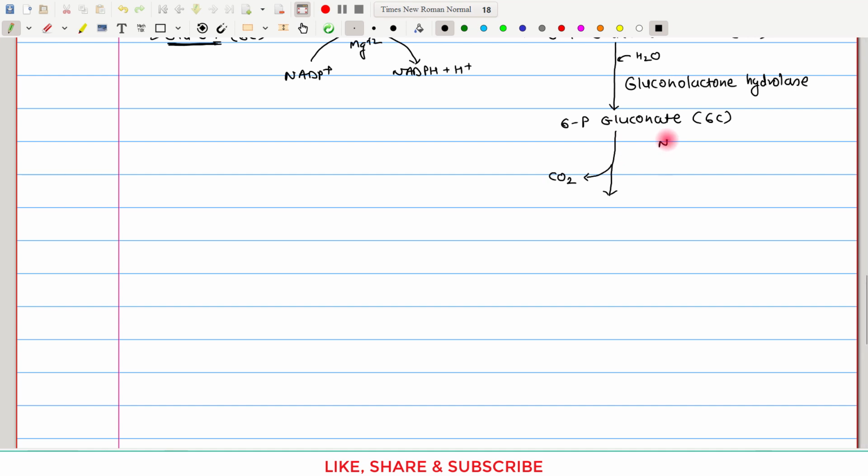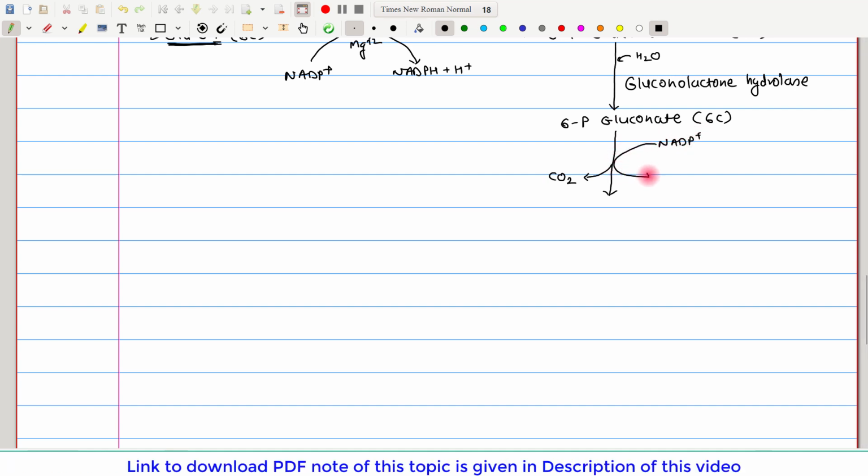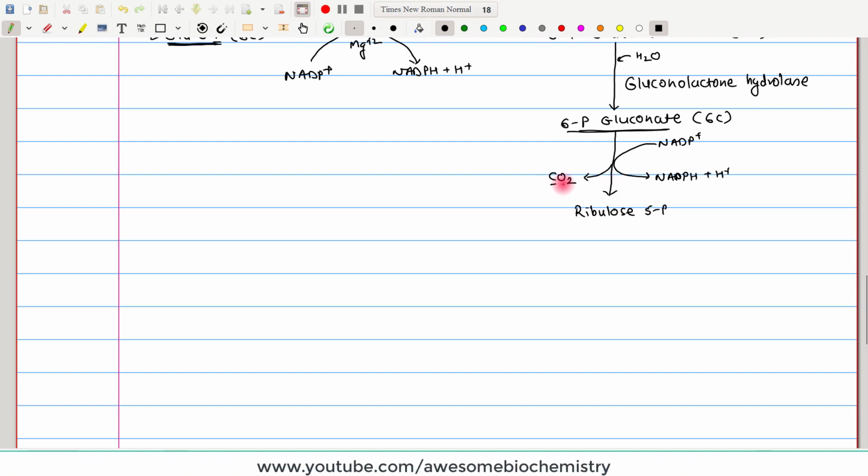So here also oxidation is coupled with the reduction of NADP+, and NADP+ gets reduced to NADPH plus H+, and simultaneously this 6-phosphogluconate is oxidized to ribulose 5-phosphate. As you can see, one carbon is lost in the form of carbon dioxide. So ribulose 5-phosphate is a 5-carbon compound.